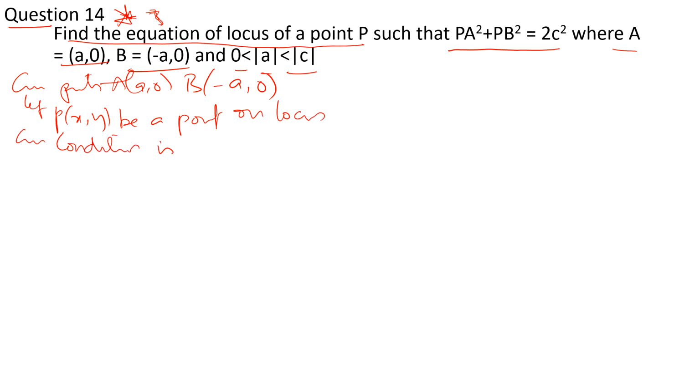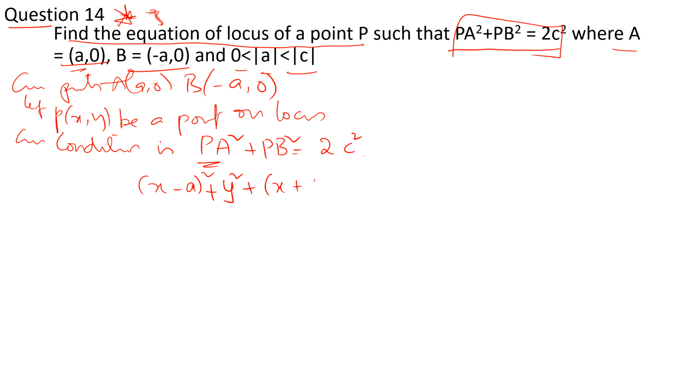They have already mentioned the condition: PA square plus PB square is equals to 2 small c square. So here PA is nothing but distance between P and A, so x minus A whole square plus y square, plus PB means x plus A whole square plus y square is equals to 2c square.